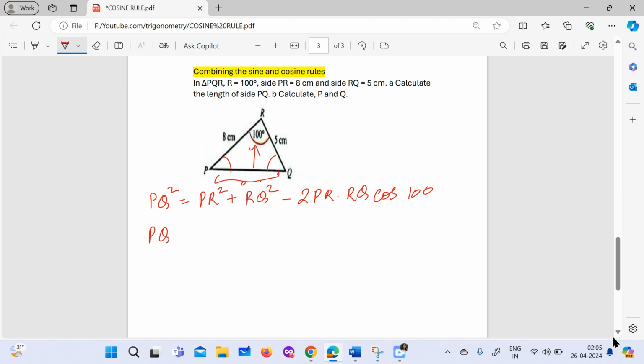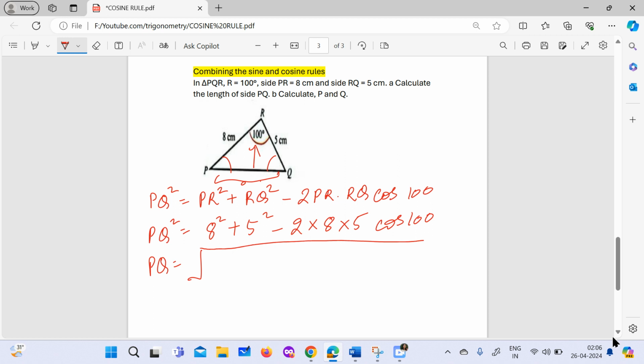Then PQ square equals PR is 8 square, RQ is 5 squared, minus 2 times 8 times 5 cos 100. So PQ square equals 64 plus 25 minus 80 cos 100.